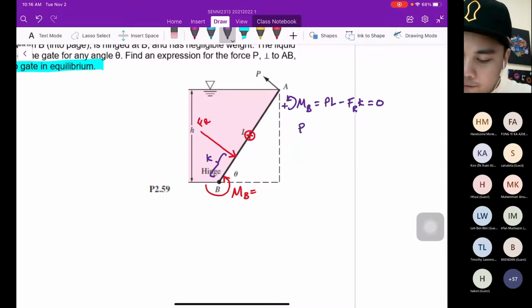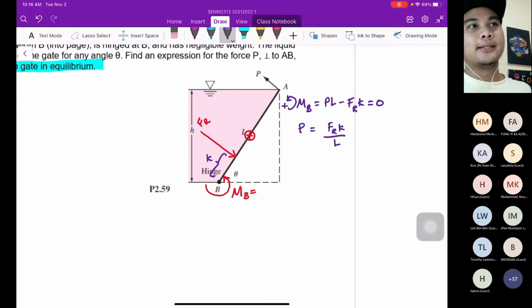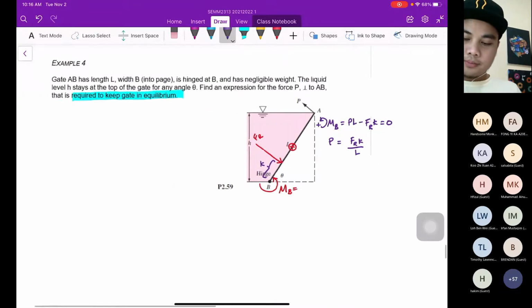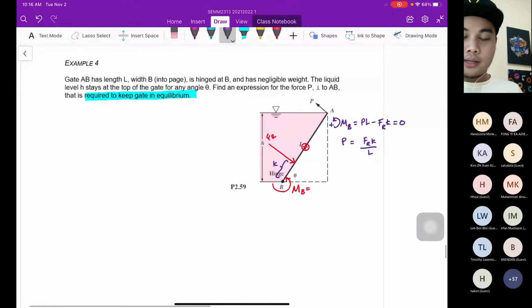And then we can have P equal to FR K over L. Is it clear? So the problem here: how to find the FR, and how to find the K?